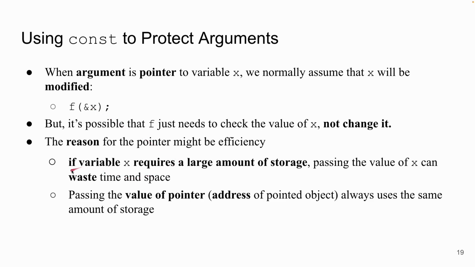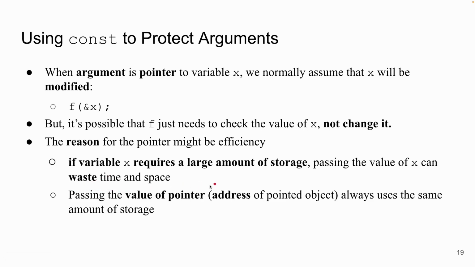The first reason is that if the variable x requires a large amount of storage, for example, if x is a super large number, passing the value of x can waste time and space if I just want to know the value of x.